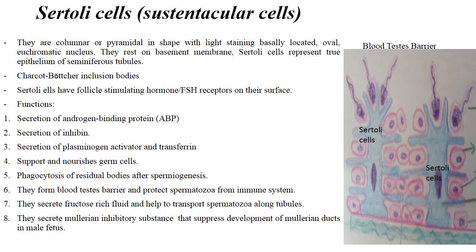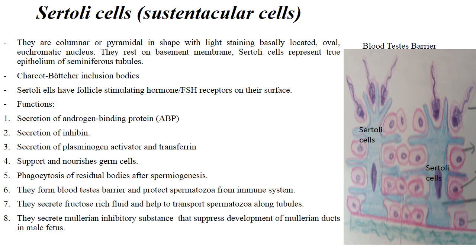Within the seminiferous tubule of the testis, there are two types of cells, spermatogenic cells and Sertoli cells. Sertoli cells or sustentacular cells are the supporting cells. They are tall, columnar or pyramidal in shape. They have lightly stained, basally located oval euchromatic nucleus, and these cells rest on basement membrane.